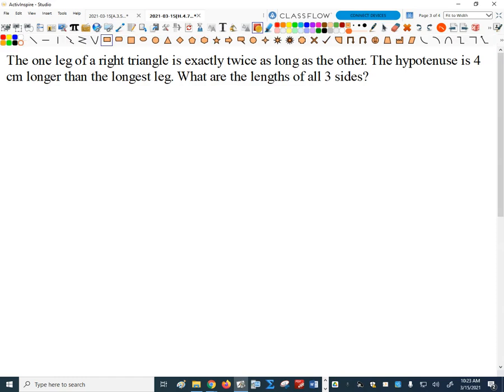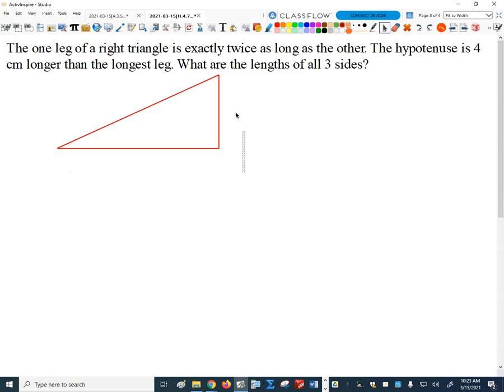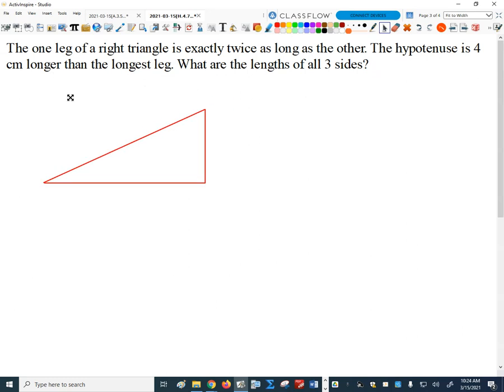Okay, so there's my picture, right? It's a right triangle.